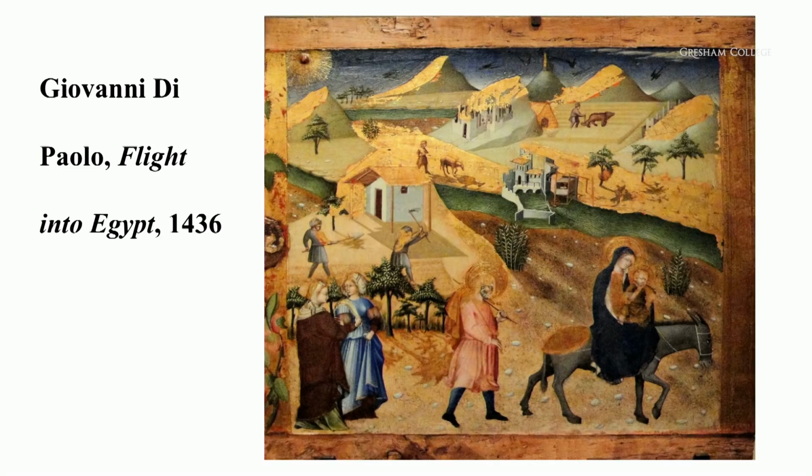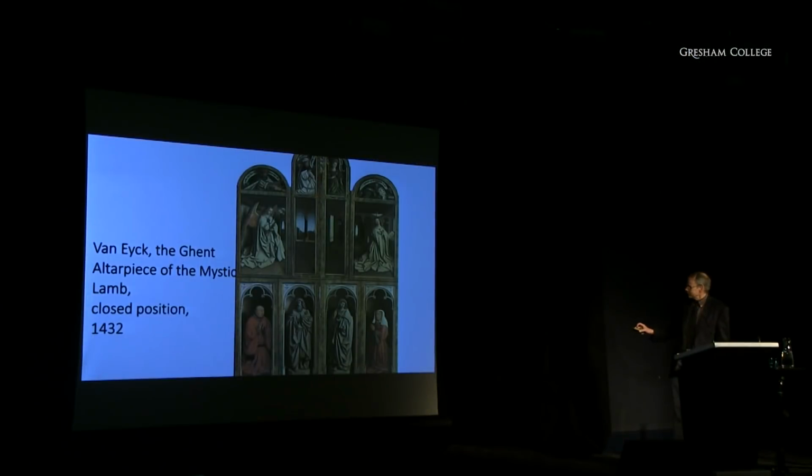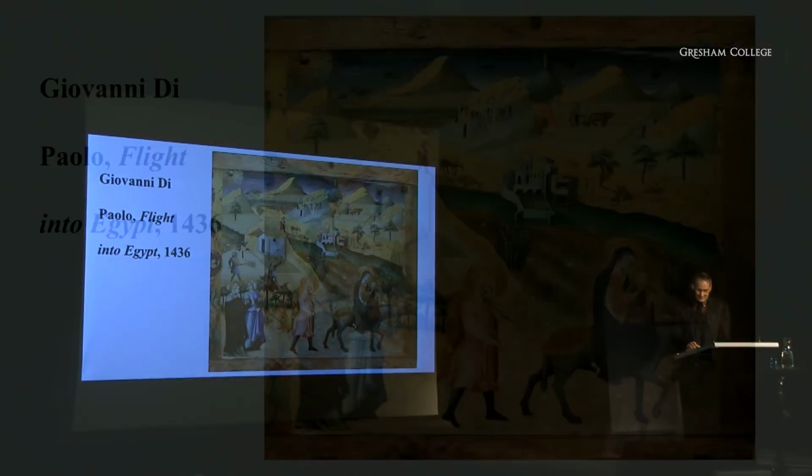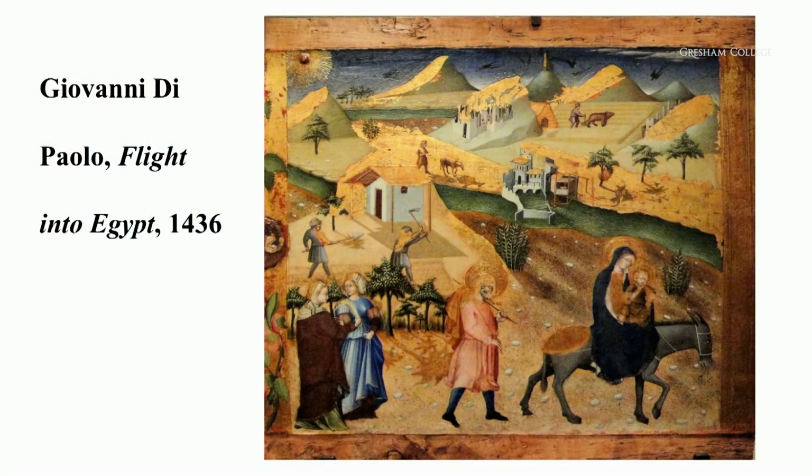So here, in this picture by Giovanni di Paolo, he has decided not to put any shadows here of the Holy Family on the flight into Egypt. However, back here, these trees have got shadows. And look, there's trees here, the plowmen and the oxen. And there's some shadows there. So the shadows are adopted inconsistently.